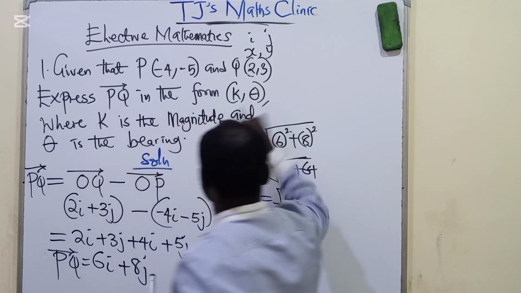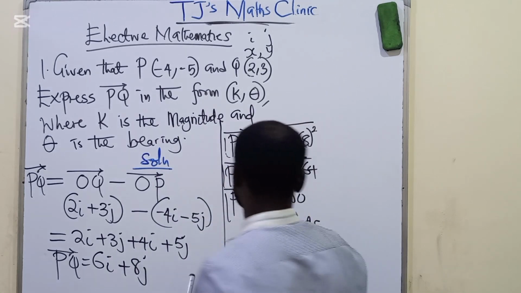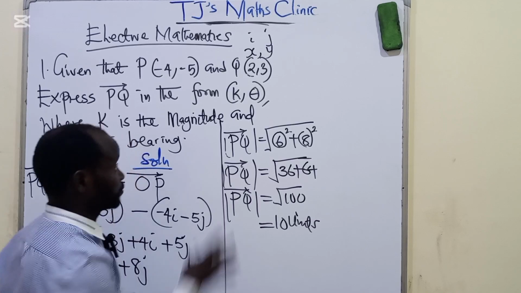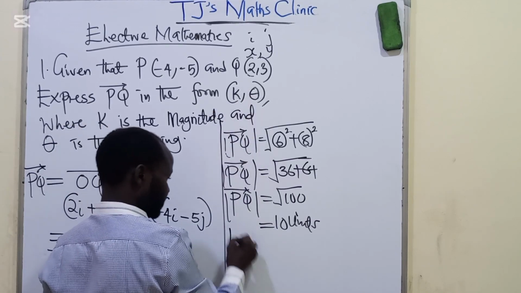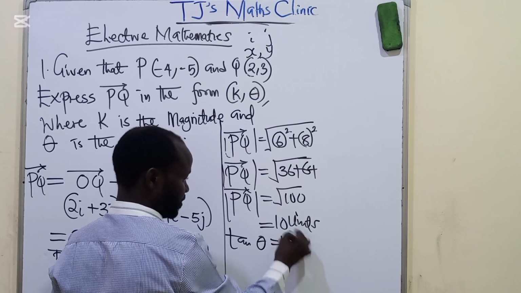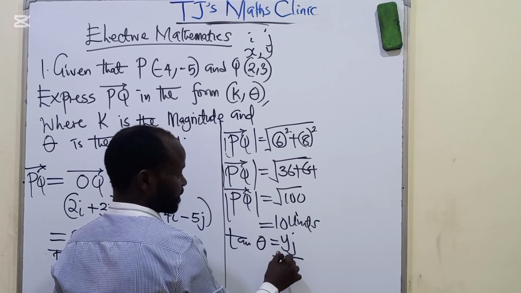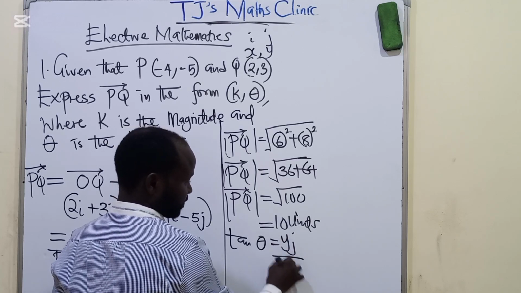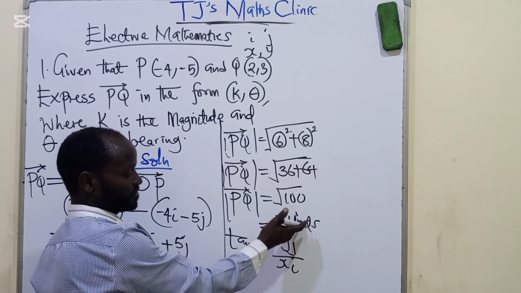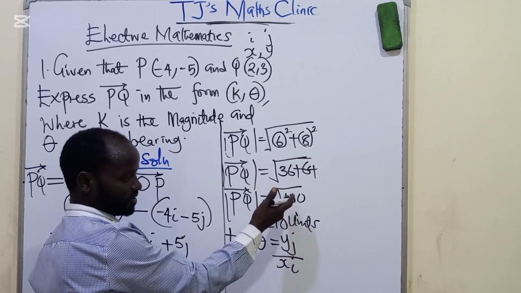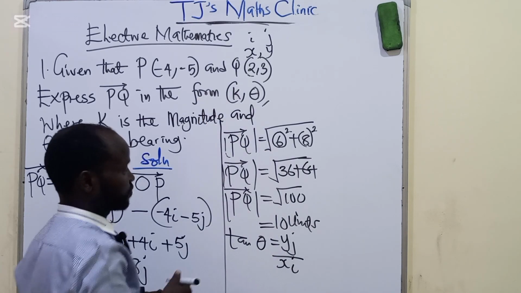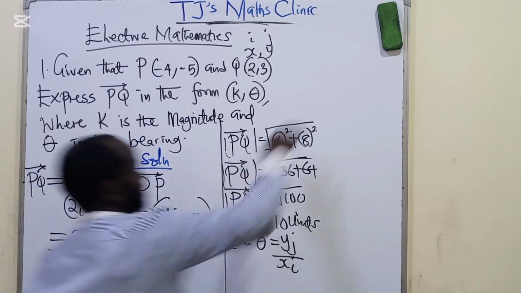How do we now find the bearing, theta? Very important. Recall that to find the direction, which is theta, the direction is given as tan theta equals yj divided by xi. Some textbooks use rise divided by the run. Rise is the y axis, the run is the x axis. We can use this formula. Very important.